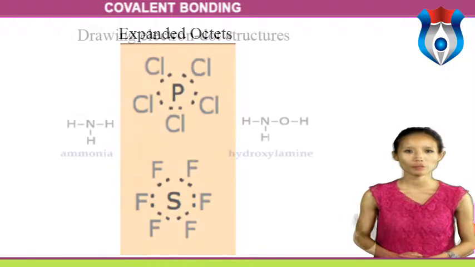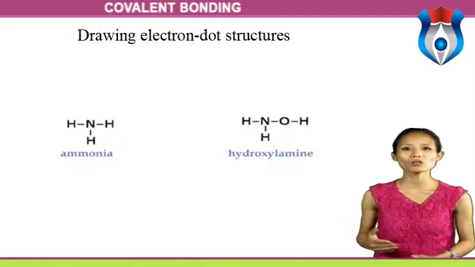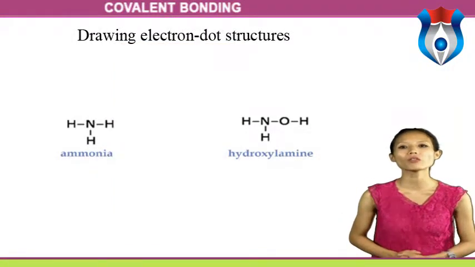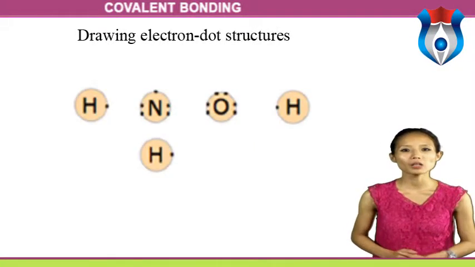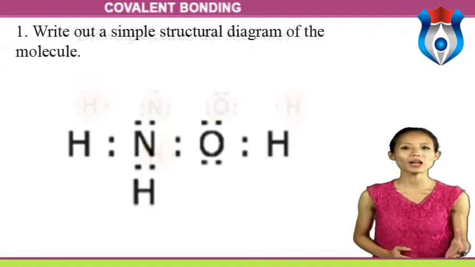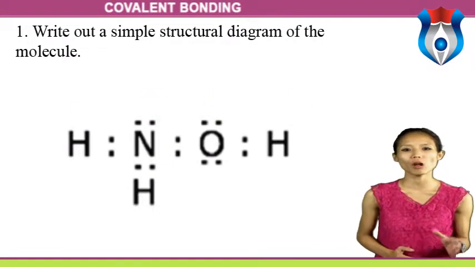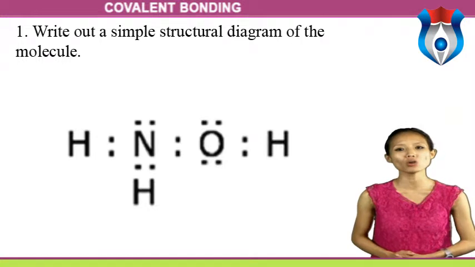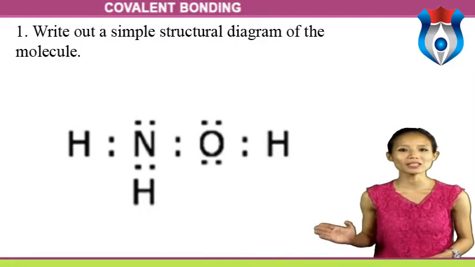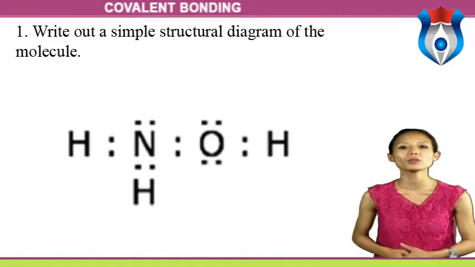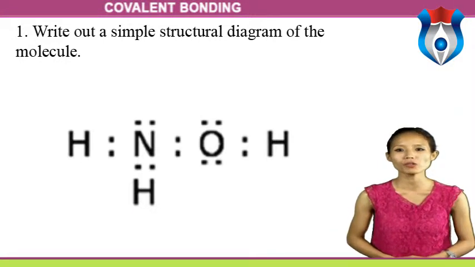Drawing electron dot structures is easiest if we follow the simple steps that are outlined, using hydroxylamine, NH2OH, as an example. Write out a simple structural diagram of the molecule in order to clearly show which atom is connected to which. If we are not sure of the bond connectivity, the structure of other similar molecules can often provide a useful clue.